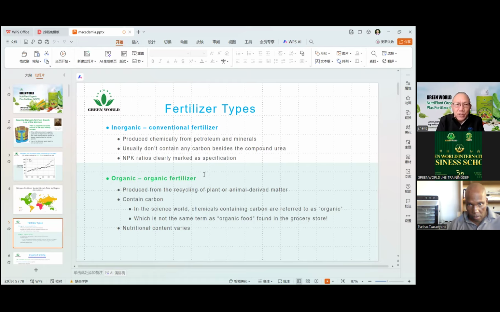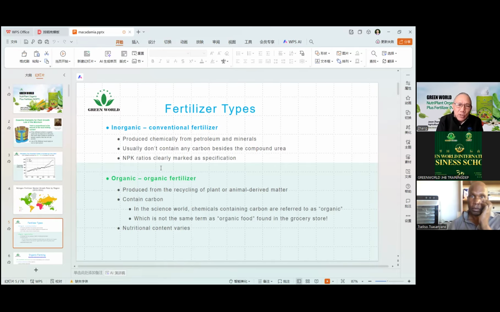All the fertilizer you buy from the market has three numbers on the package label. The NPK numbers show what percentage of your package is each nutrient. If it's 10-10-10, you have 10% nitrogen, 10% phosphorus, 10% potassium.